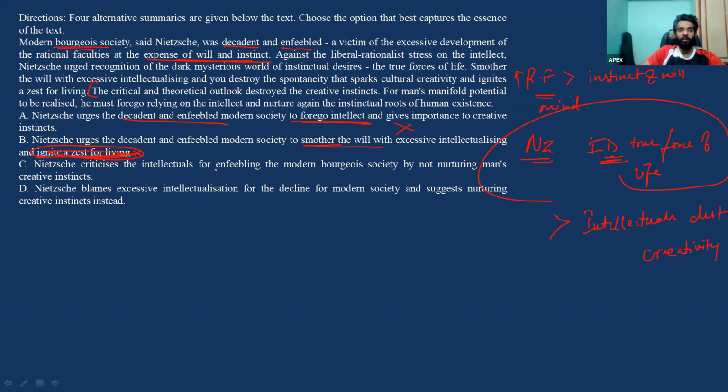Nietzsche criticized the intellectuals for enfeebling the modern society? No, he has not blamed any one particular group. So three options are gone. I'm thinking D is the right answer. Blames excessive intellectualization, yes. For the decline of modern society, yes. Suggesting nurturing creative instincts, yes. He's told us these three things, so obviously answer D is the correct answer.